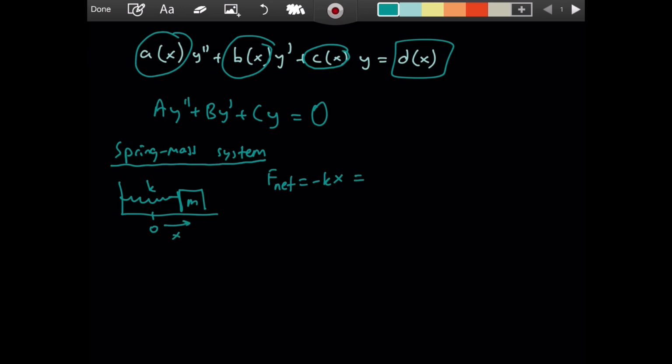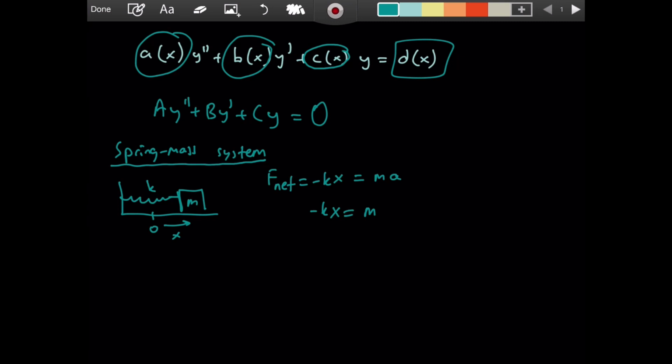And this is going to equal, by Newton's second law, mass times the acceleration. Now, we know that by the definition of acceleration, it is the second time derivative of position. So we in fact have negative kx equaling m times, instead of a, I will write the second time derivative of position.